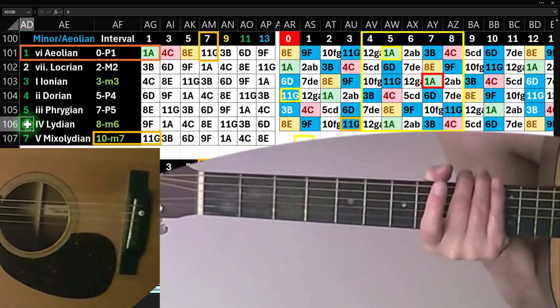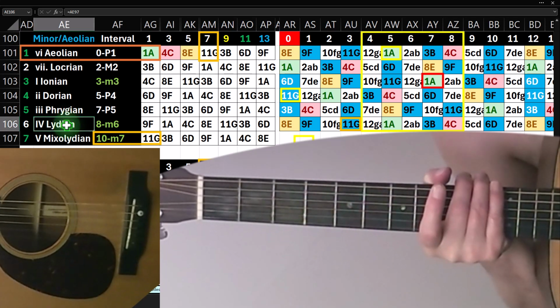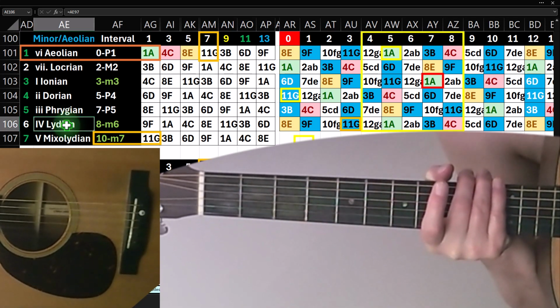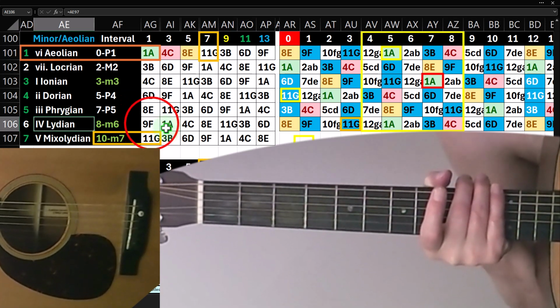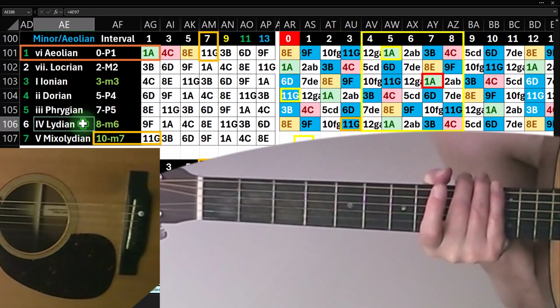In other words, the 6th is equivalent to mode number 4. So if I'm playing the 6th of A minor, that would be an F chord. I know that, but I also want to know what is the relative position?